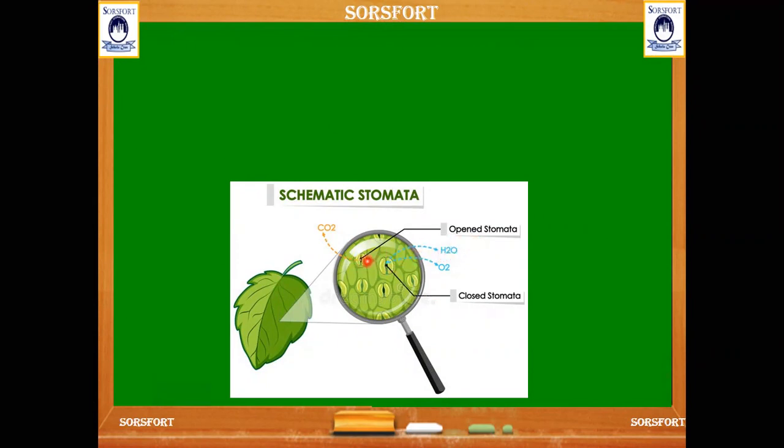Here we can see an open stomata, and this one is a closed stomata. We cannot see the stomata on the leaf with our normal eyes. We can see the stomata using a microscope.